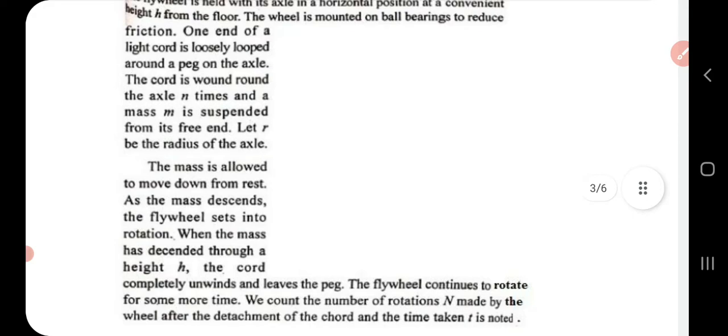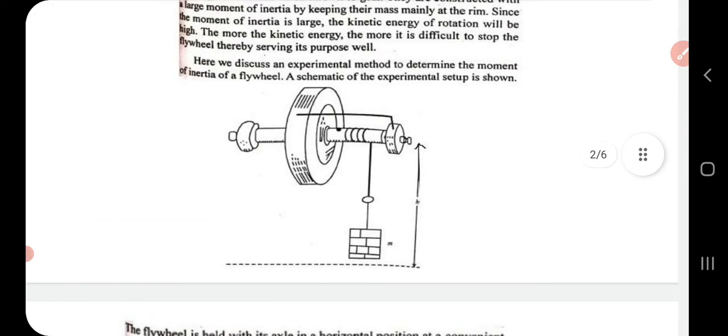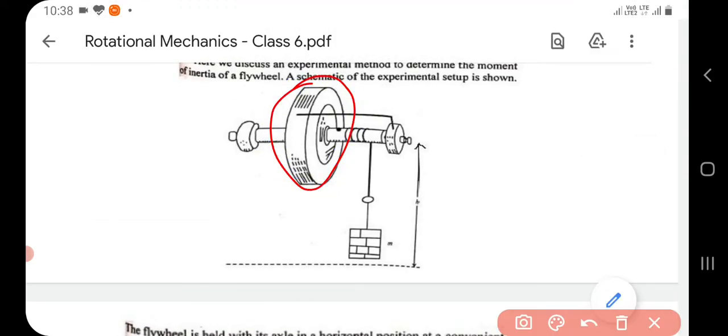So what you do is, here you can see a flywheel, then a cylindrical axle passing through its center. Now you are suspending a mass at the end of the cord. That is, a cord is wound over this axle and at the end of this cord you are suspending a mass of small letter m and it is at a height h from the ground. Now what you do is you allow this mass to fall to the ground freely. When this mass touches the ground, what happens?